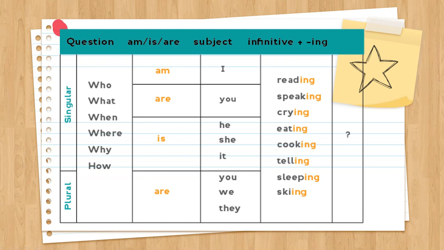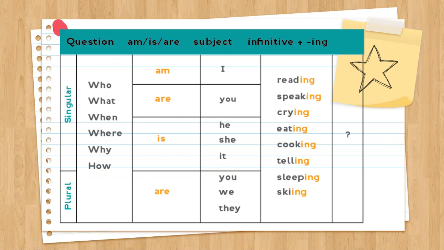You cannot say, what are I? No. You have to say, what am I? Or what are you? Or what are they? But never use are with, for example, he. He, she, it, you have to use with is. Where is he eating? Where is she cooking? Why is she cooking?